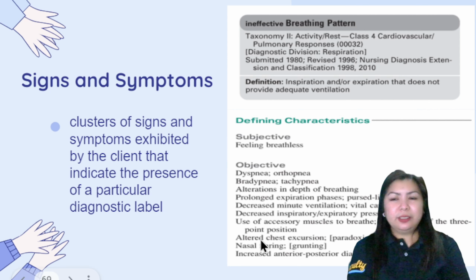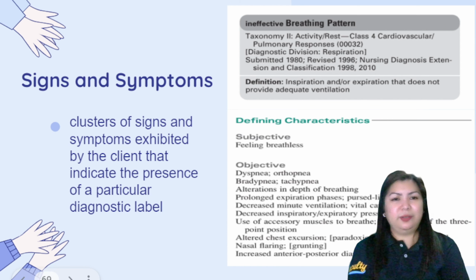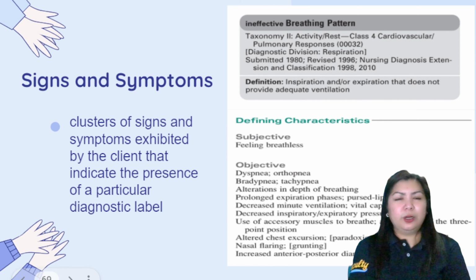You have altered chest excursion, nasal flaring, so pag humihinga, lumalaki ang butas ng ilong, and then you have increased anterior-posterior diameter of the chest.